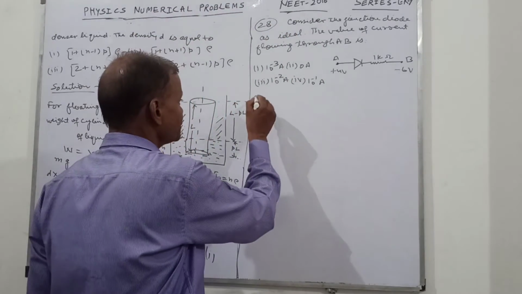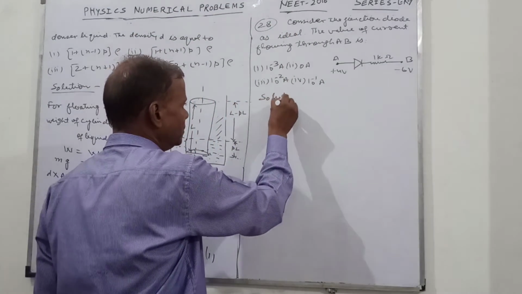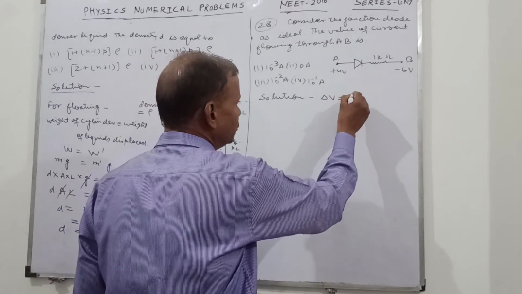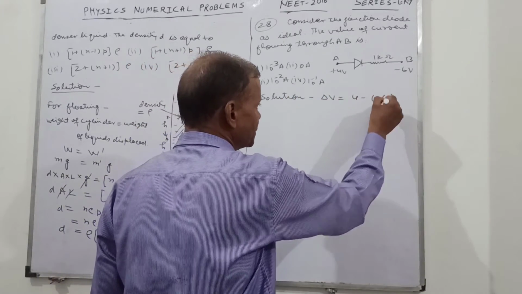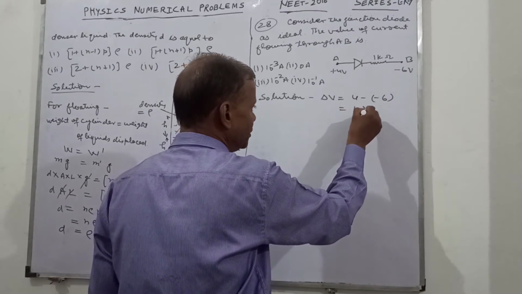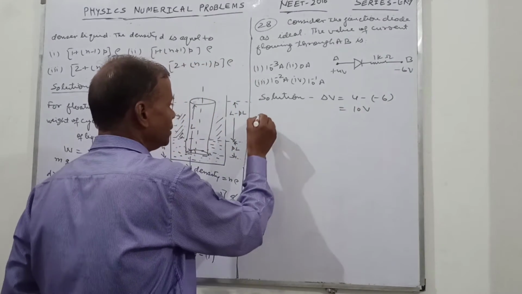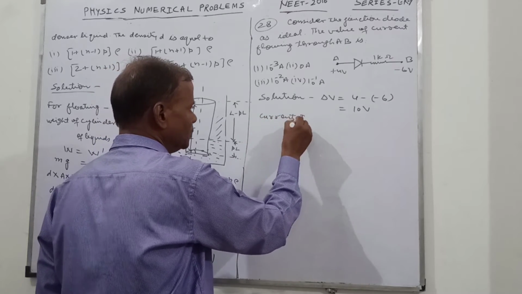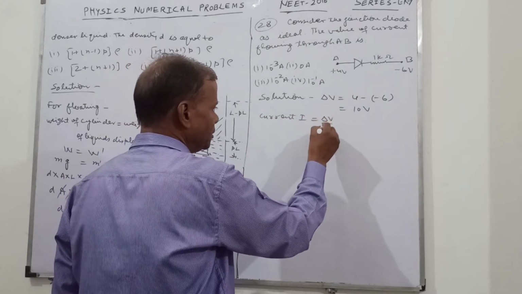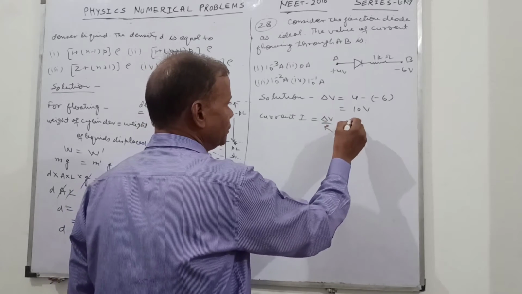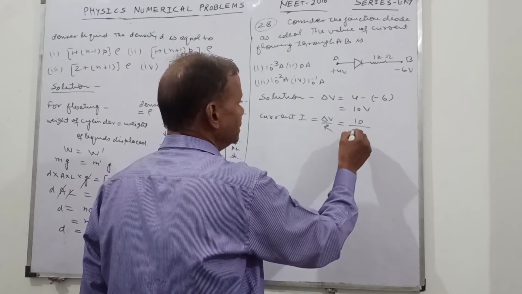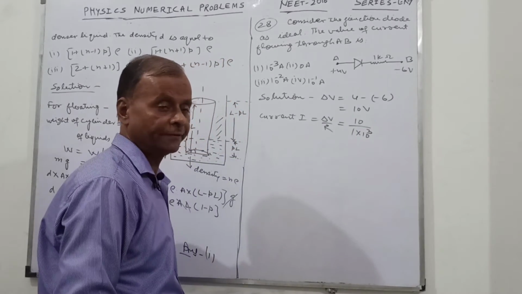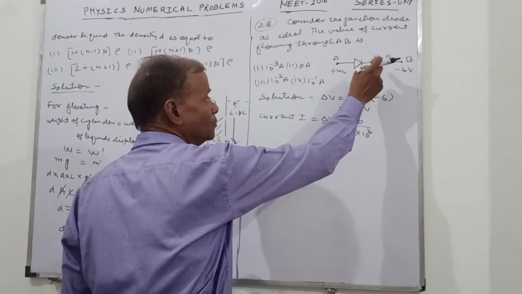So potential difference, delta V equal to 4 minus 6, so this is your 10 volt. And now I equal to delta V upon R. Delta V is now 10 and R is 1 kilo ohm, 10 raised to the power 3 ohm.